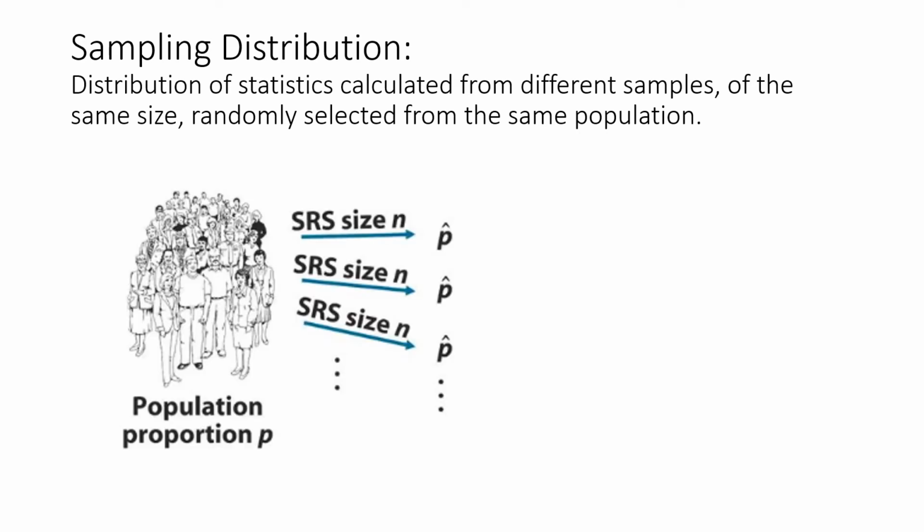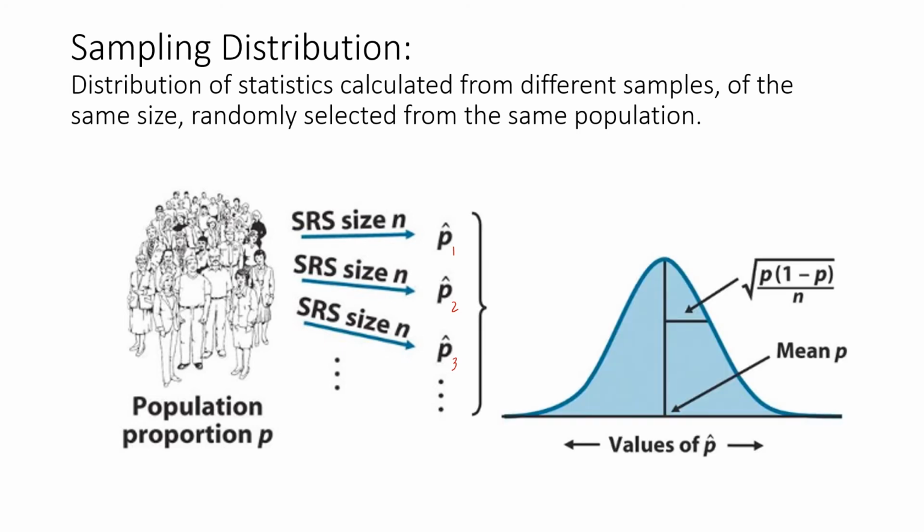So remember before we were thinking about how when we took different random samples, we'd get all these different sample proportions. If we looked at the distribution of those sample proportions, that distribution of sample proportions is called the sampling distribution for the proportion, and we'll learn about the characteristics of that distribution in Chapter 5, Section 1.